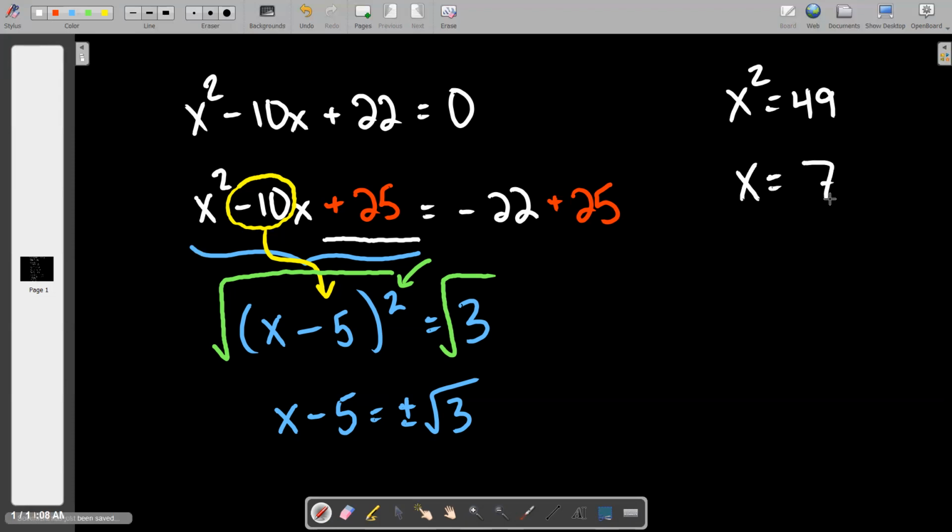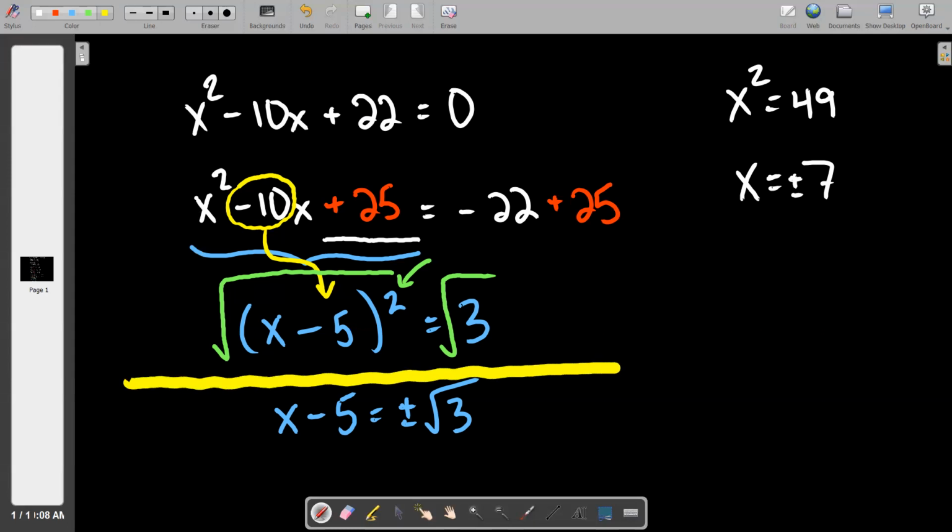Because isn't there another number that when you square it makes 49? Yes, and that's why we would implement that sign right at that point in time, right there. That's worth putting in your notes. This moment right here, where you take the square root, is the moment that this sign has to come into existence.